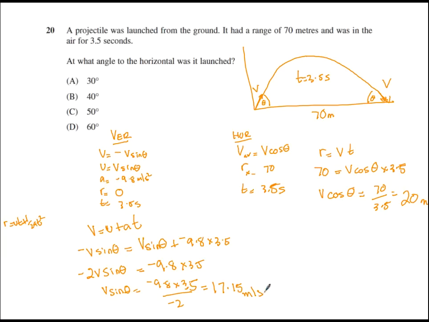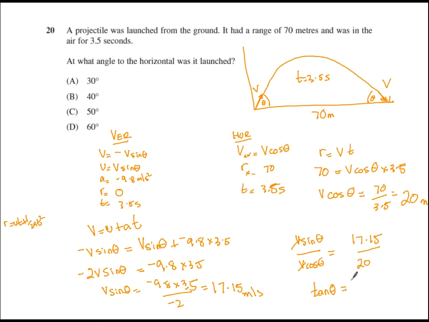So now I've got v cosine theta and v sine theta equaling these two values. All of a sudden I can divide one by the other. So v sine theta divided by v cosine theta is going to equal 17.15 divided by 20. But hold on, v cancelled out, and I have sine over cos, which is equal to the tan of theta.